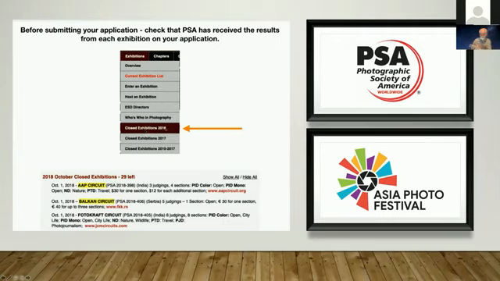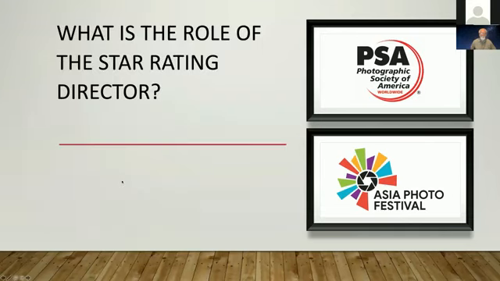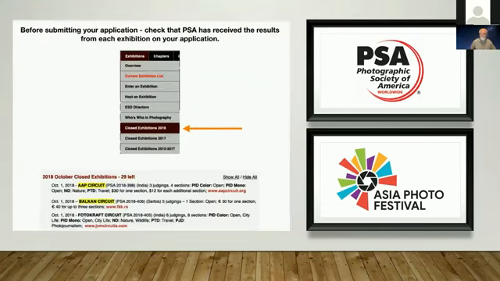This says closed exhibitions 2018, but it's an old screenshot. If you went there now, it would say closed exhibitions in 2020. And you'll see a list of exhibitions, and some of them will have the name of the exhibition highlighted. And if it's highlighted, that means PSA has received the results of that exhibition.